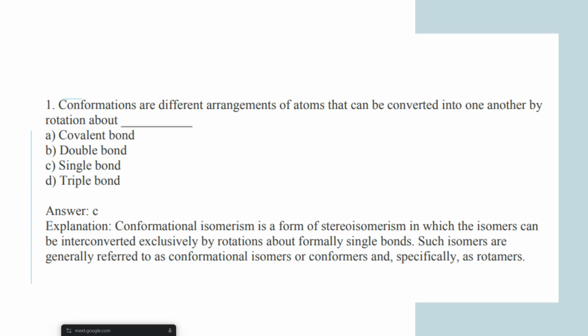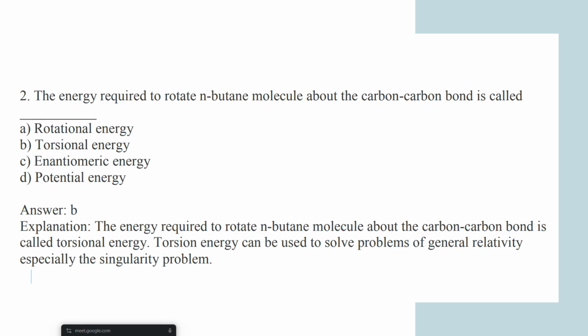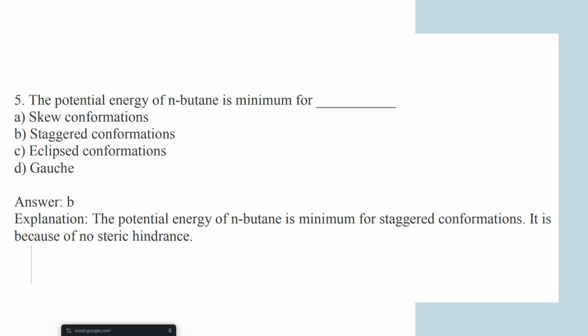We started with the theory part of conformations, where we talked about how conformations are different arrangements of atoms that can be converted into one another by rotation about a carbon-carbon single bond. Then we also talked about torsional energy and the potential energy diagram of n-butane.